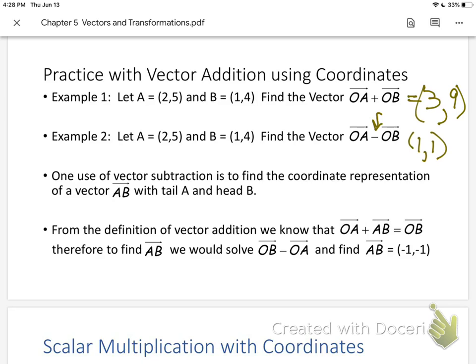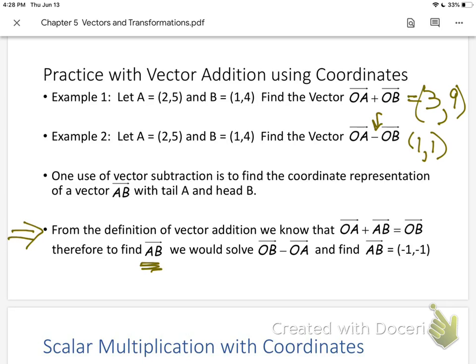So here comes the little algebra we're doing on the previous slide. From the definition of vector addition, we know that if I were to add OA to AB, I would end up with the vector OB. So if I want to figure out what the coordinates of AB are, I'm going to do this subtraction: OB minus OA.